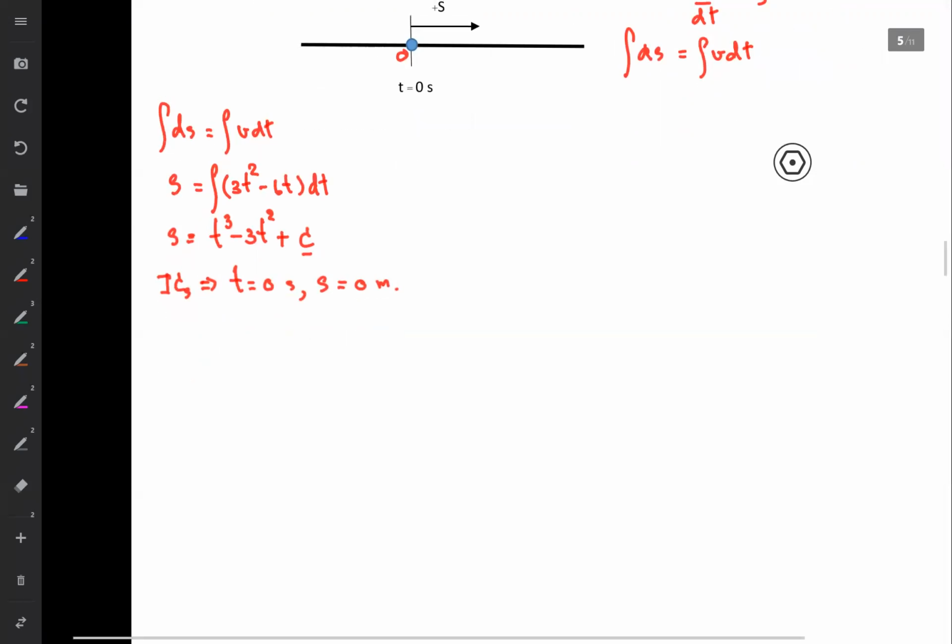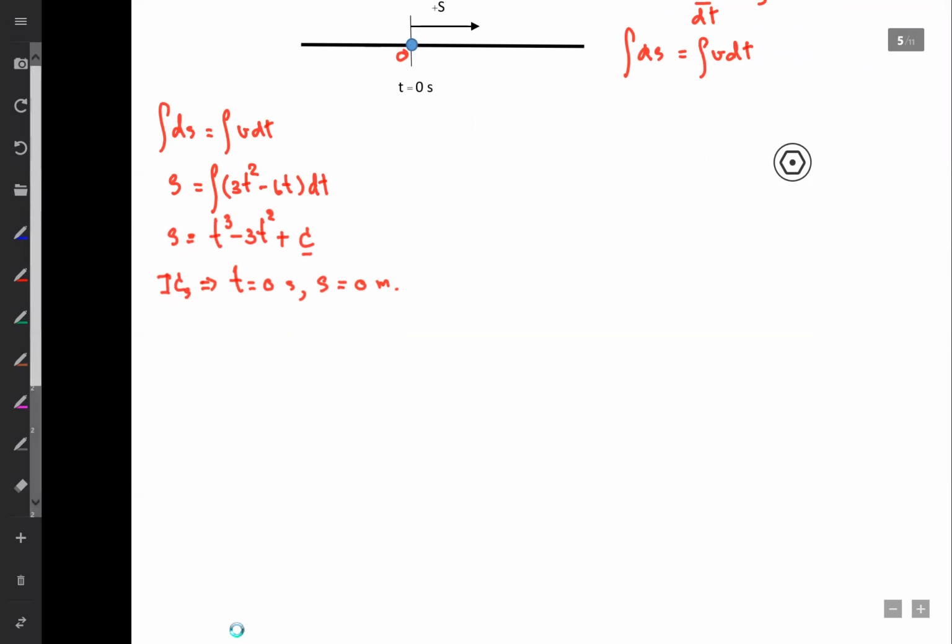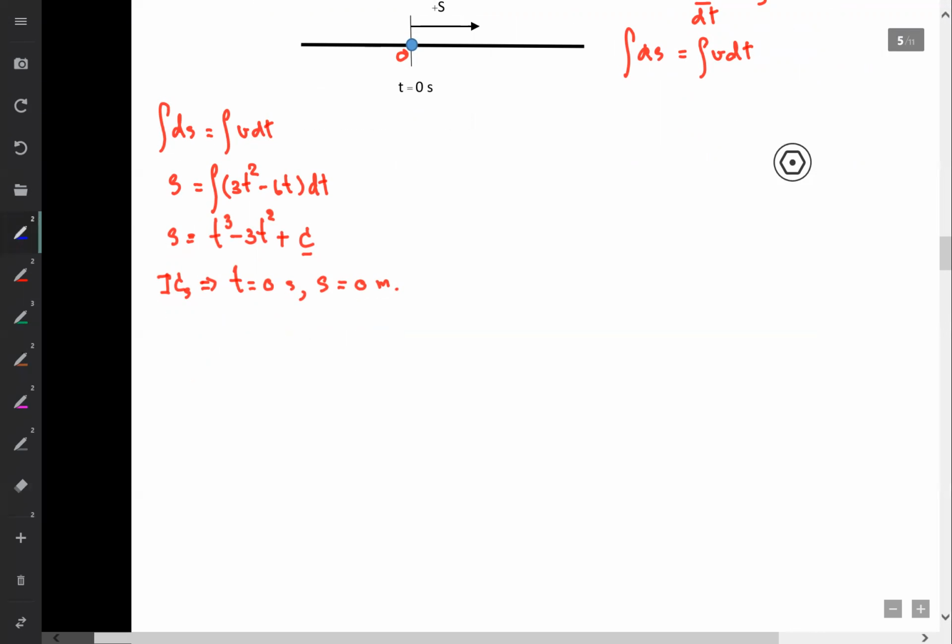So when we substitute time equal to 0 into this equation, we get s equal to 0 plus c.